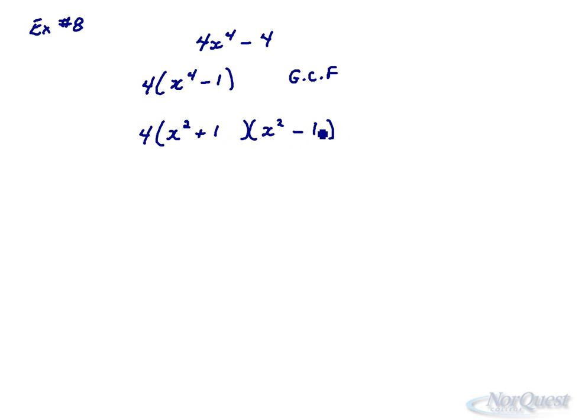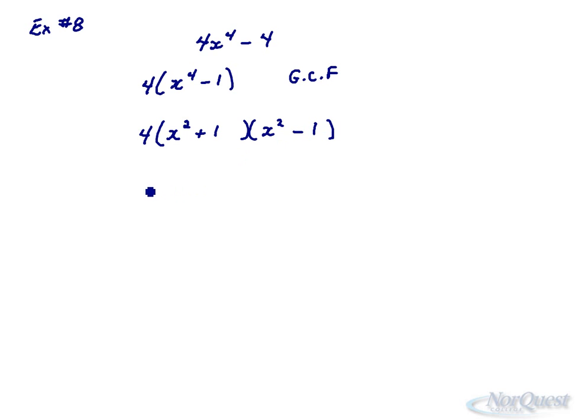And you may think you're done, but then you've got to look at your factors. I still have a squared factor, so I look to see if I can actually factor this further. X squared plus 1 is not a difference of squares. Yes, I can take the square root of x squared, yes, I can take the square root of 1, but it's not a difference of squares.